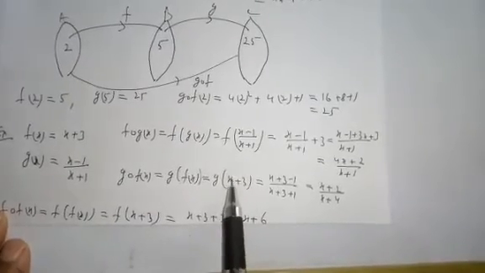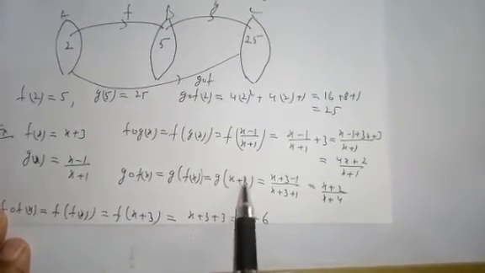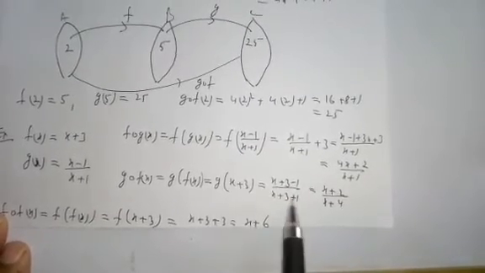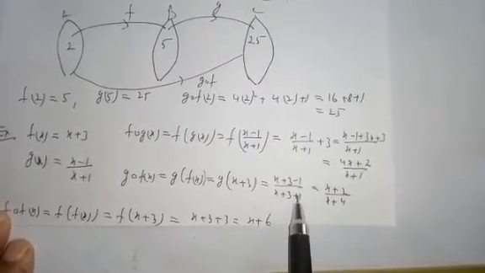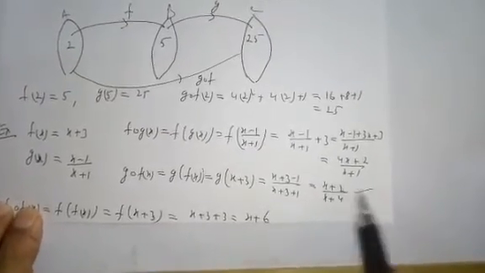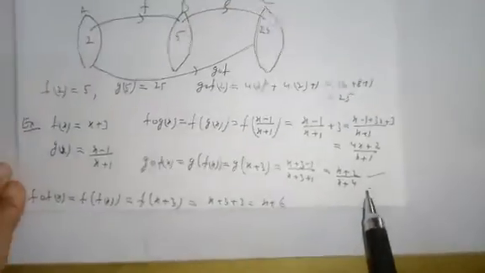So similarly, we subtract 1 from the input, and then in the denominator we add 1. After calculation we have gof is (x plus 2) upon (x plus 4).